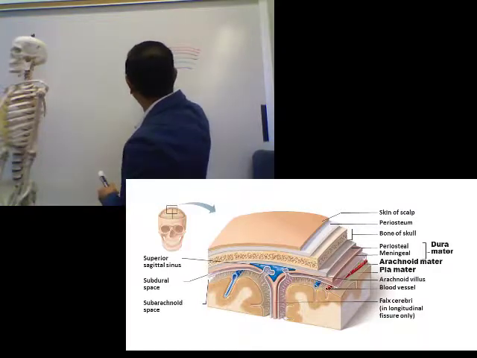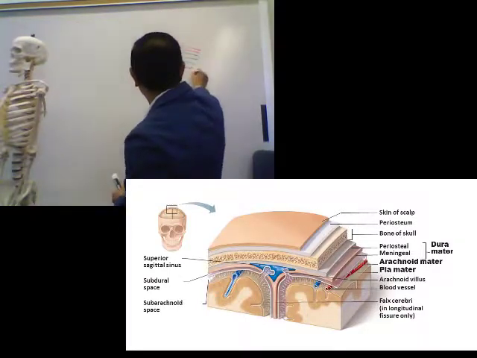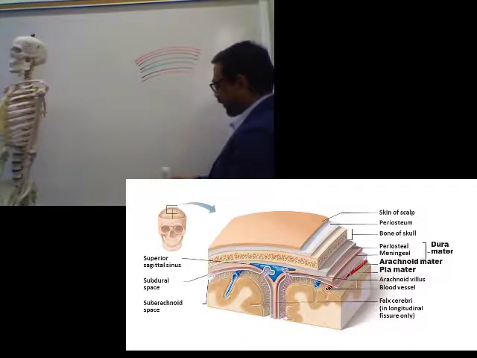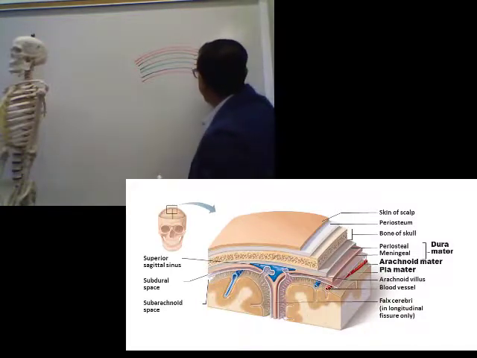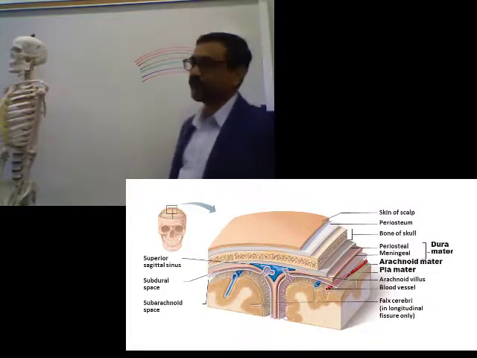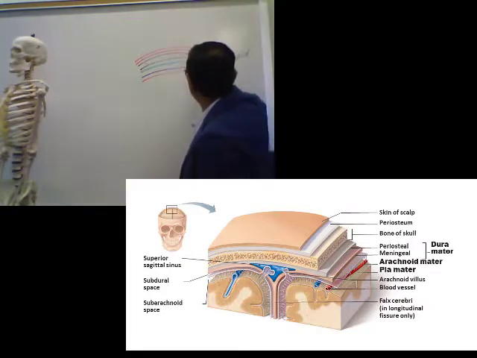So these are the three layers of the meninges. Let me write it down. This is dura. This is arachnoid. And this one is the innermost pia mater. And this is the skull bone.